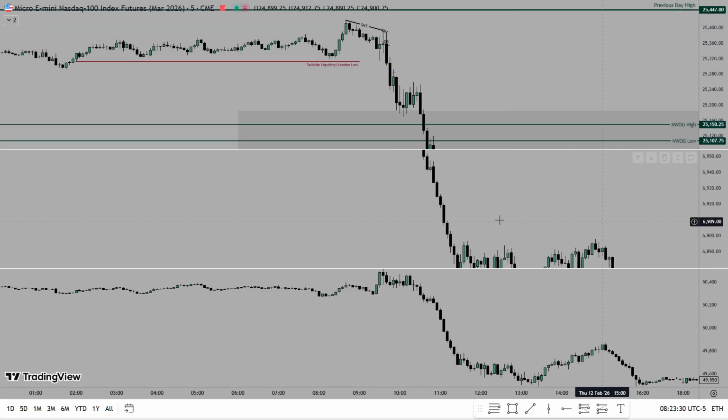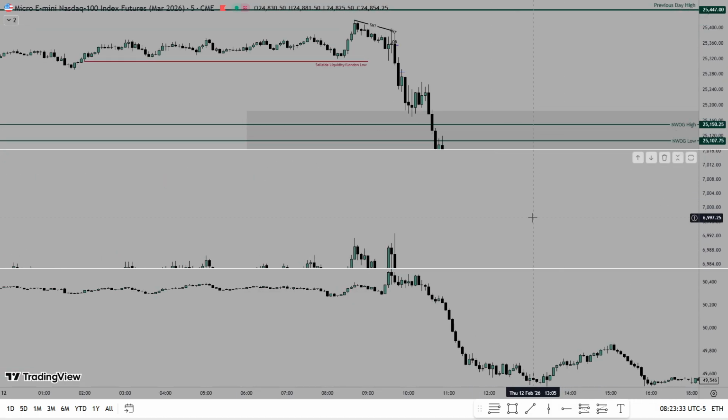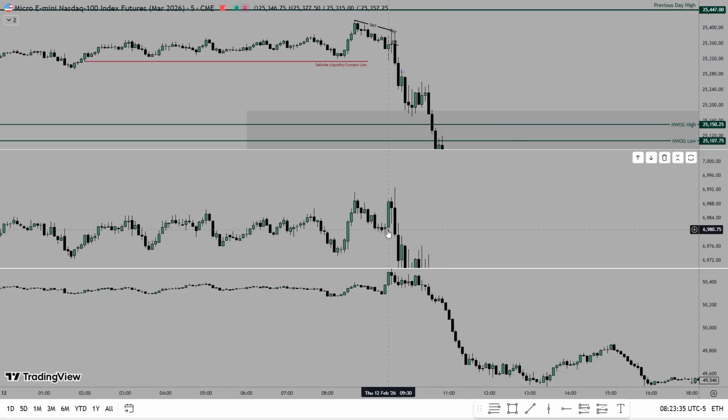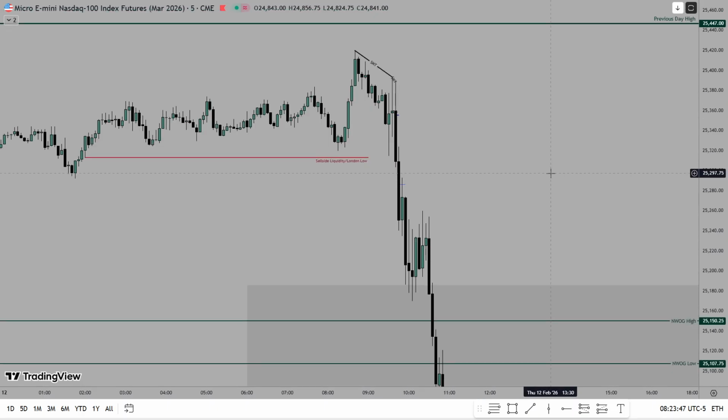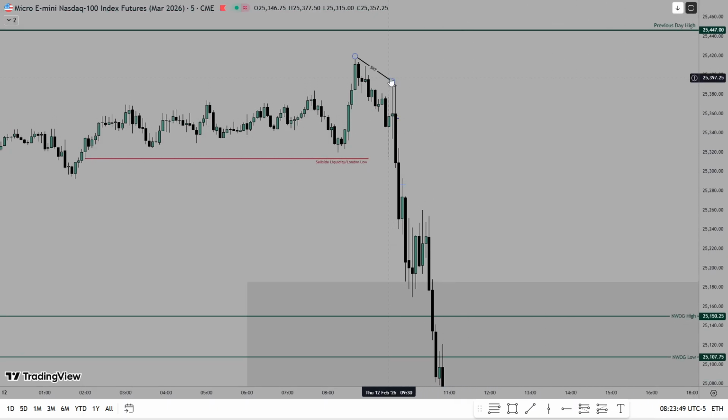Let's see. 9:30 open, traded higher, took out this short-term high in the ES, but they didn't take it out in Nasdaq. Okay, this is SMT divergence, and this allowed price to trade lower, and the highs are respected here.